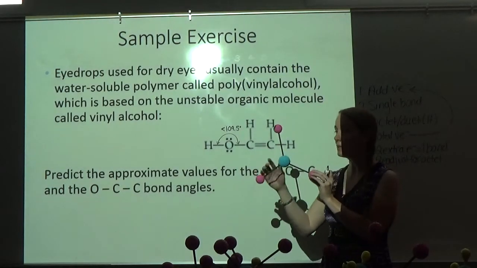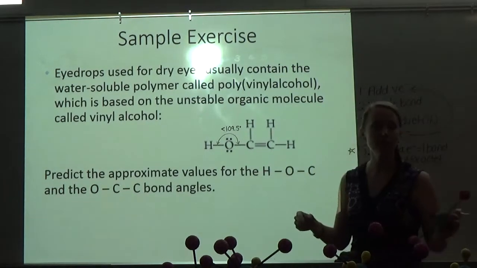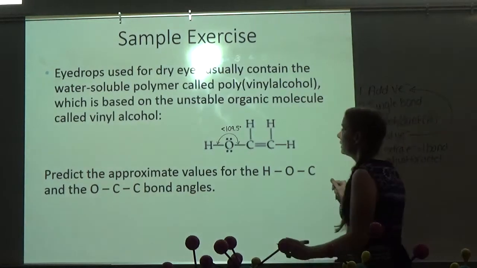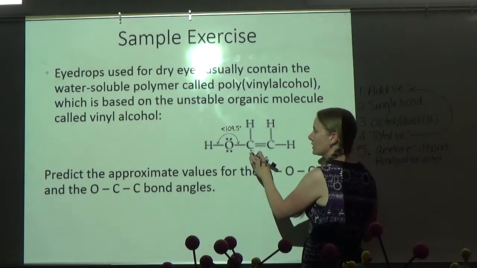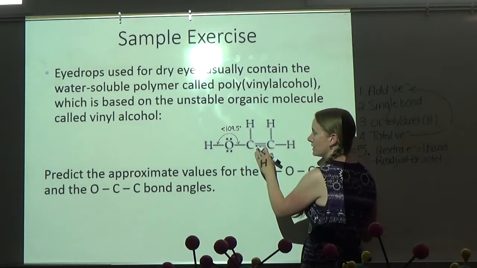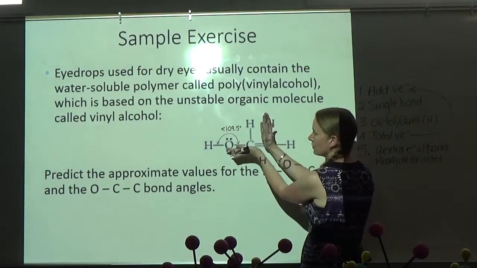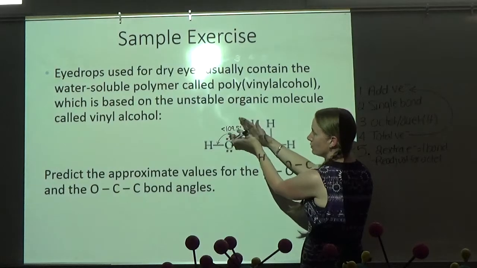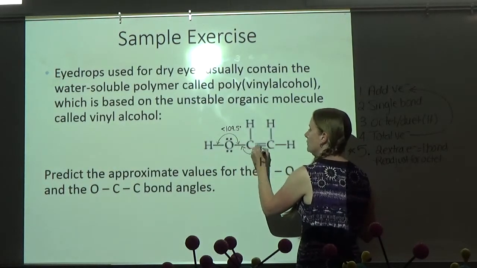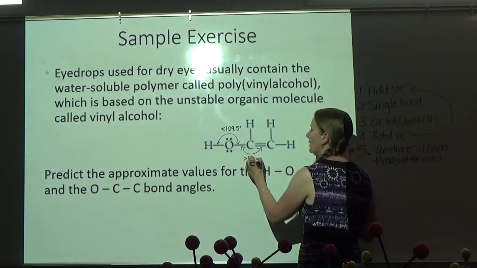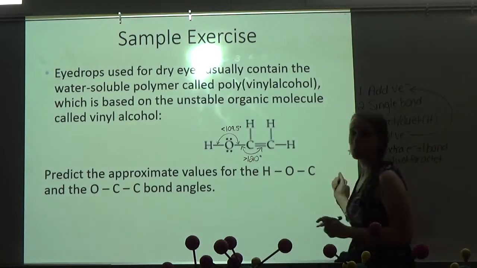And in trigonal planar, we have 120-degree bond angles. So we normally would have 120-degree bond angles here, but we do have a double bond. So our double bond is actually going to force the 2 single bonds a little closer. So if I was looking at this bond, it would actually be a little bit greater than 120 degrees.